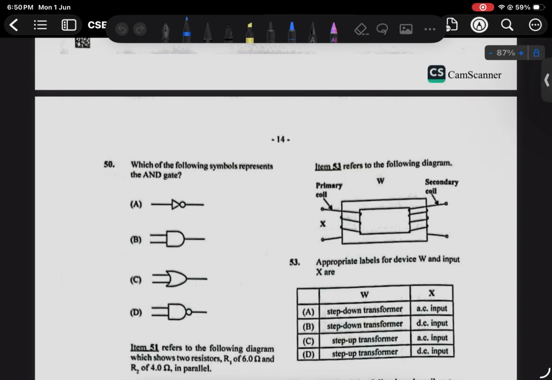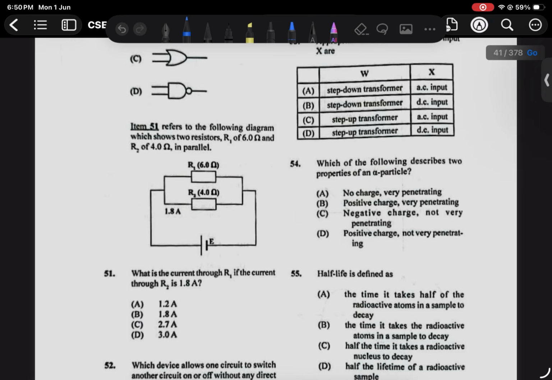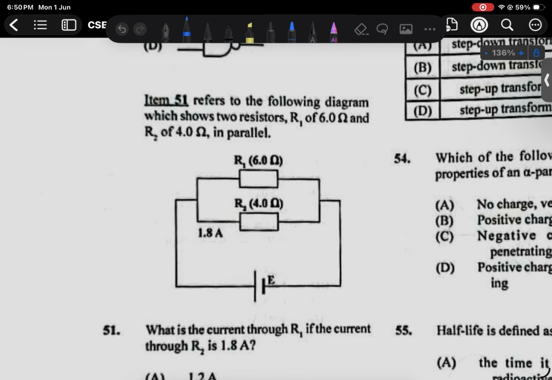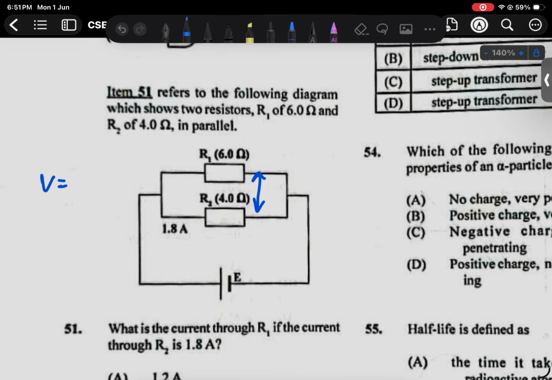Which of the following symbols represents an AND gate? This one. What is the current through R1 if the current through R2 is 1.8 amps? We're going to find the voltage because you know that in parallel the voltages are the same. So voltage is equal to IR, which is 1.8 multiplied by 4, and this would give you 7.2 volts.